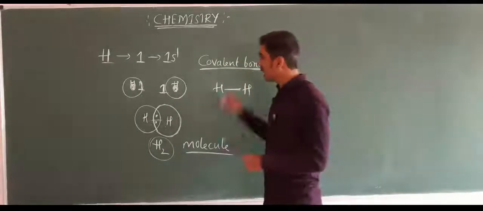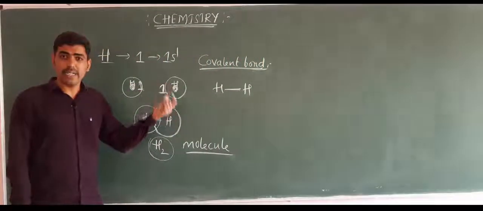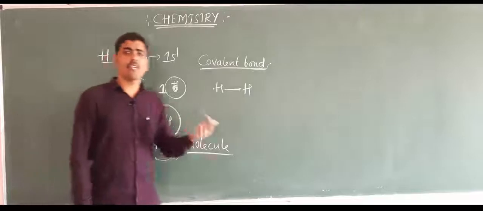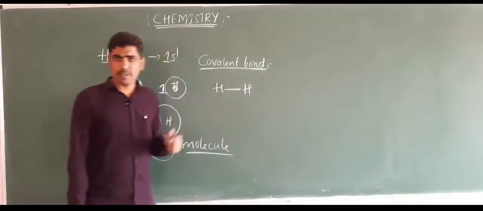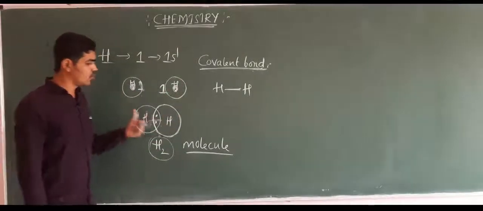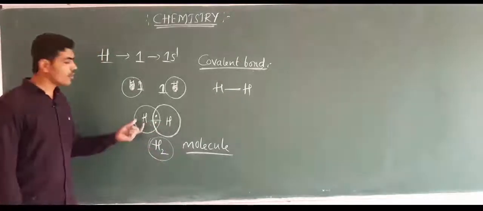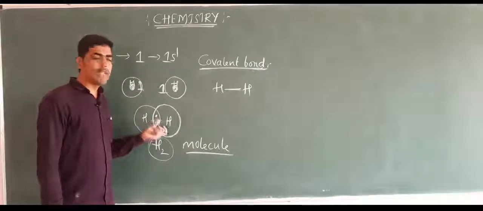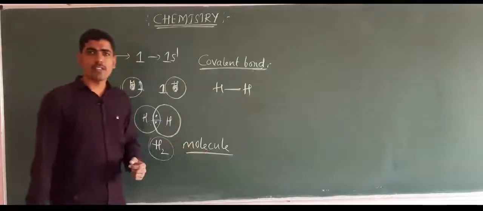There are different bonds you will learn, or you have already learnt, and again you are going to learn. I will discuss those types of bonds in another video. So simply, first you should know how the molecules are formed. The molecules are formed by combination of two or more atoms, and that is known as molecule.